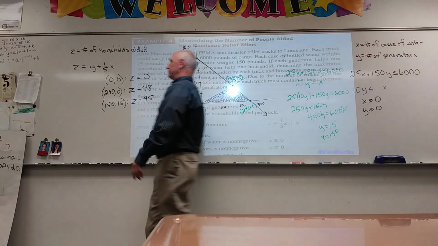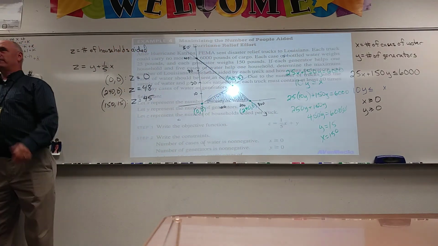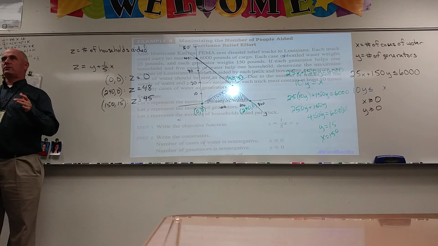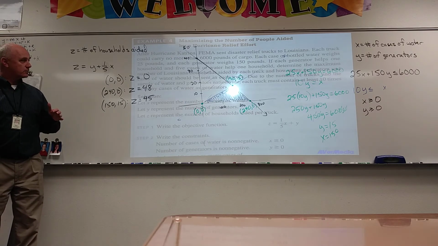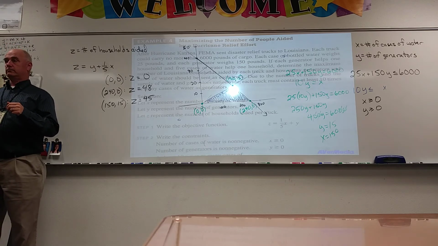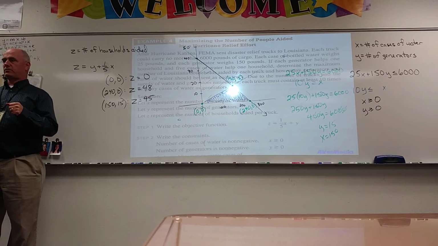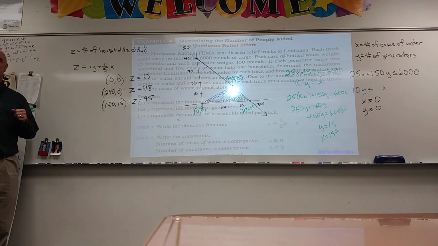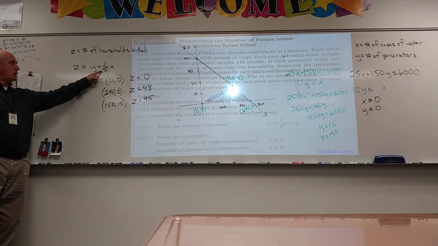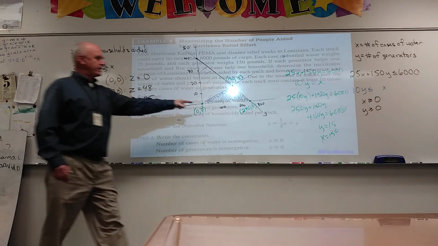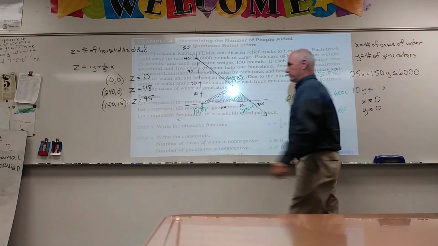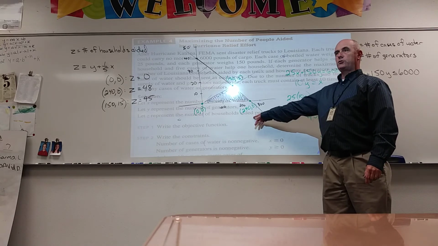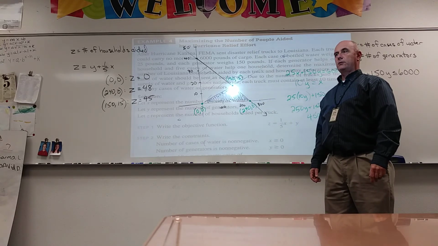Well, you say, all right, 5 cases of water will not aid a household. It's going to take 8 cases of water. So now, how do we change that? Now that becomes 1/8, and when we plug in 240, 0, we get 30.